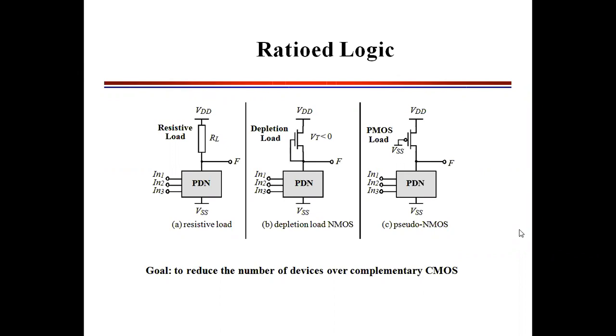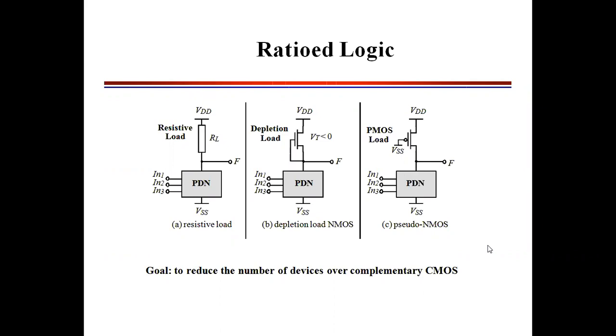And how to see this? First, this is the resistive load. Second, if you consider the depletion load NMOS; third, if you consider a pseudo NMOS. By using any of these, you can reduce the number of devices over a complementary CMOS.